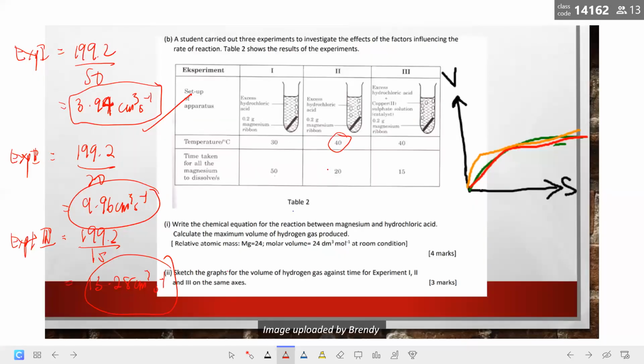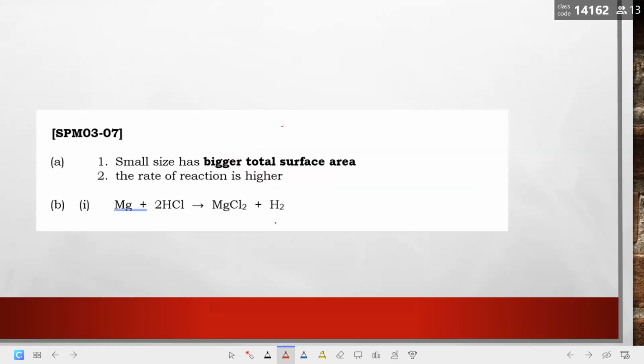Okay, let's go and look. 1 and 2, what is the difference here? Temperature. Very good. I'm going to do the answer here because teacher got space here. When you are going to talk about collision theory, I want to see this format. Especially when you are comparing, teacher wants to see that you compare correctly. Okay? Okay, start.